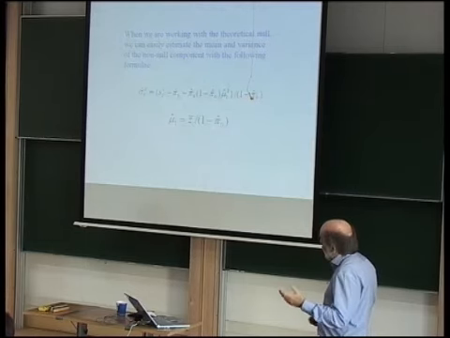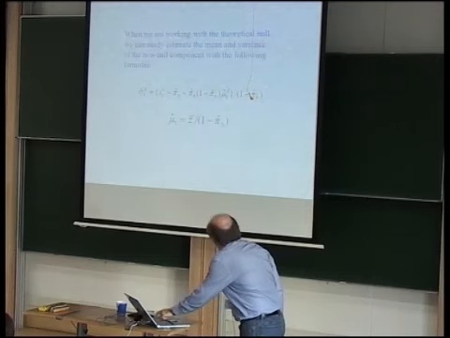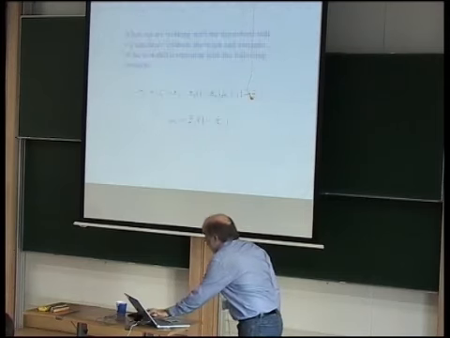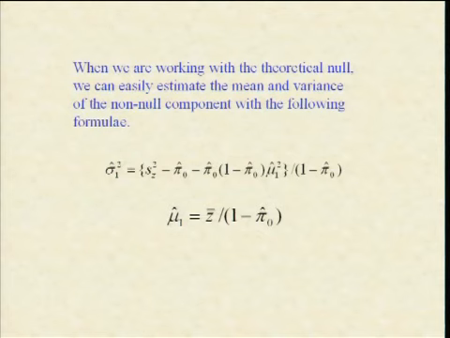And so basically, to run the EM algorithm, you've just got to give it a value of pi naught, and then you just look at values of pi naught in a range.